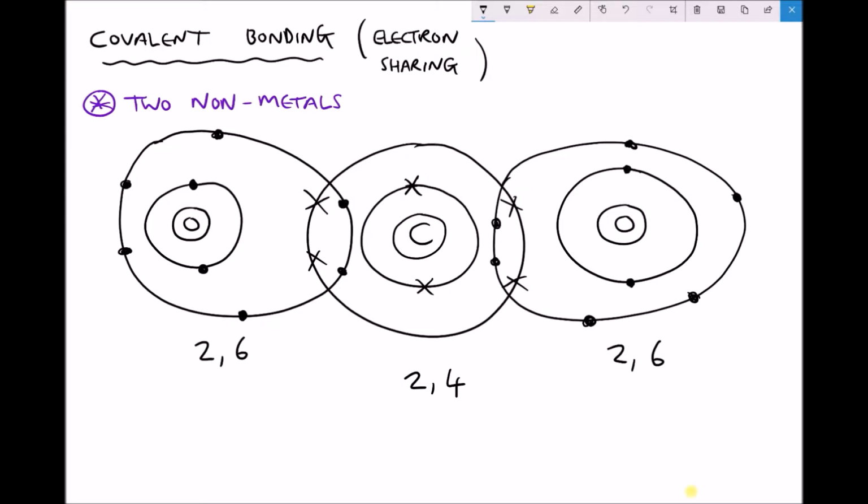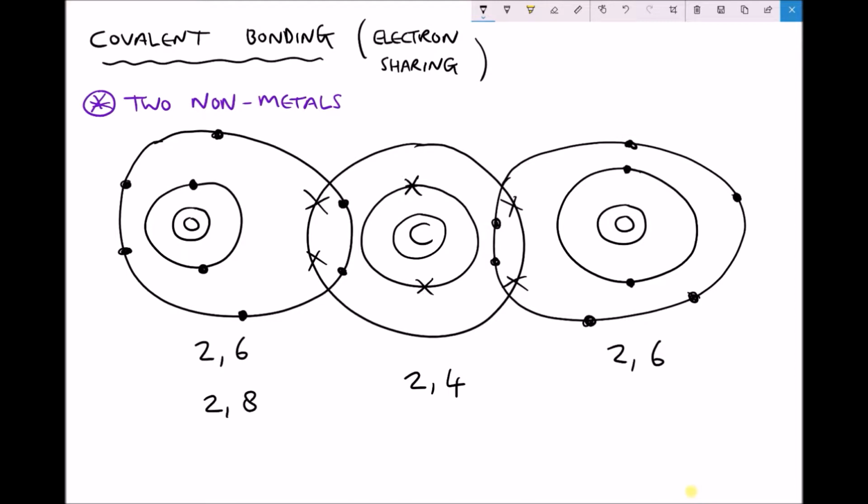But what happens this time is our carbon atom, which requires 4 electrons to complete its outer shell, forms 2 covalent bonds with oxygen. So our oxygen on the left-hand side shares 2 electrons of its own with 2 electrons of carbon, and our oxygen atom on the right-hand side does the same. Once again, each of these atoms has convinced itself that it has a full outer shell: oxygen on the left-hand side has 2 and 6 of its own, plus the 2 that are shared.